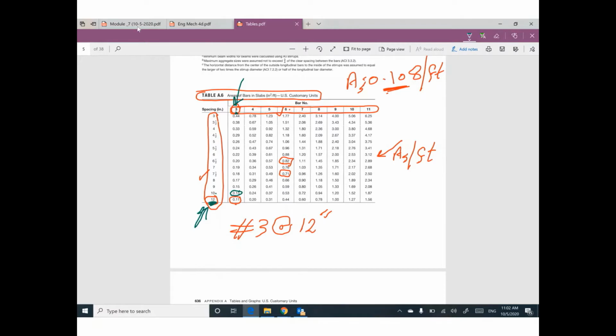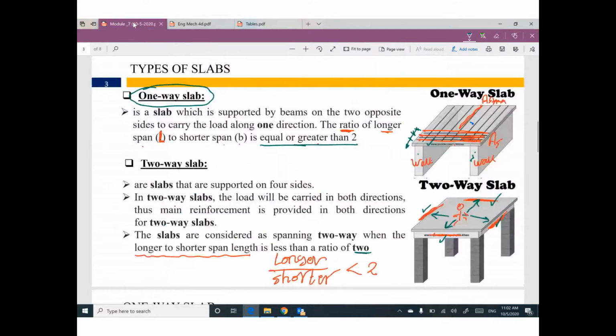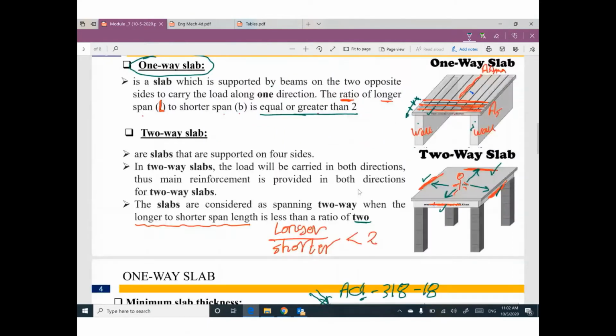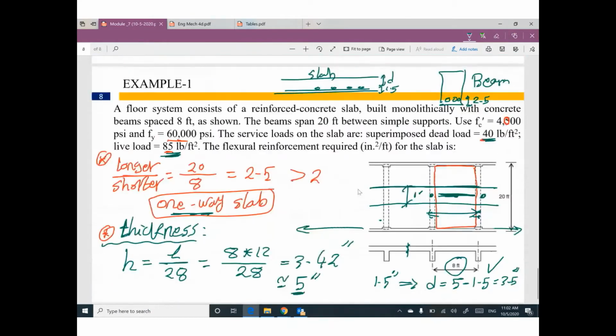Most of the time, for one-way slab, your load is not higher enough, so we can expect minimum. But if you have more live load, if you have more superimposed load, if you have bigger spans, probably this span is 10 or 12 or 15, so you can expect more moment, so you can expect more reinforcement.